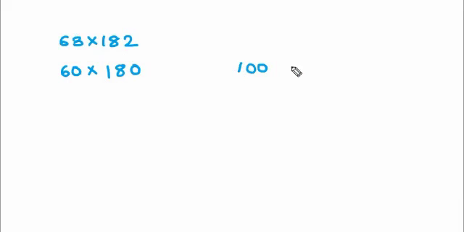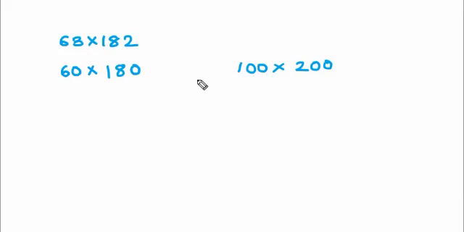So 63 estimated to the nearest 100 is 100 multiplied by 182. Nearest 100, last 2 digits I will make 0. 82, which range? 50 to 99. So the next digit to 82, which is 1, has to be increased by 1, which becomes 200. And this will give me a very high number compared to the actual number. So my estimation will go totally wrong.